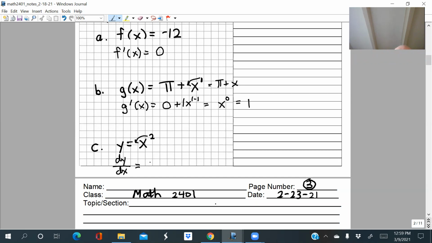Bring the 2 down in front as a coefficient, and then subtract 1 from the exponent. So you get 2x. So the rate of change function, the derivative function for x squared, is 2x. So that's interesting to know, right? The derivative of x squared is 2x.